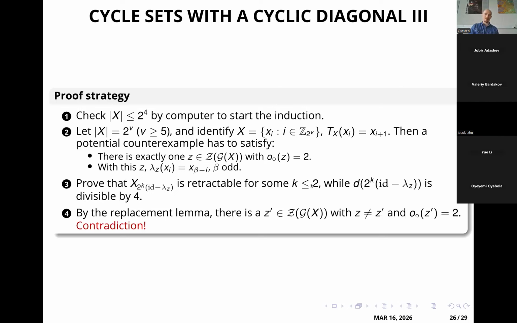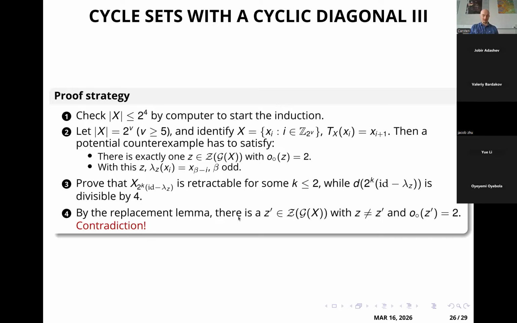This looks easy, but there's a few pages of arguments. While on the other hand, the exponent of the permutation group of this cabling is divisible by 4. And then we use the replacement lemma to actually generate a second central element.